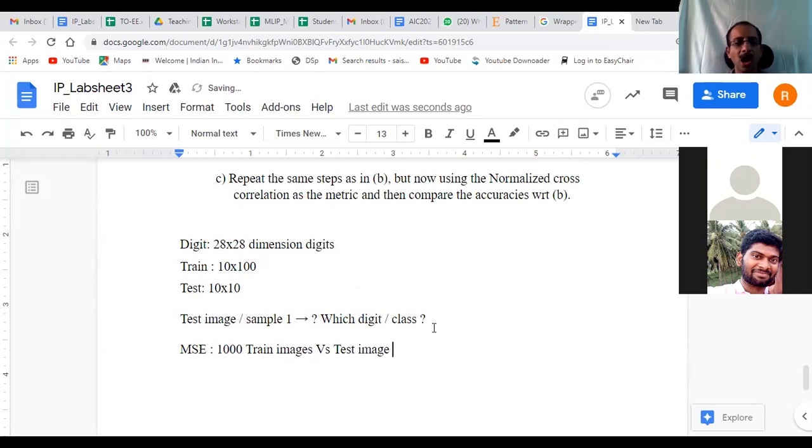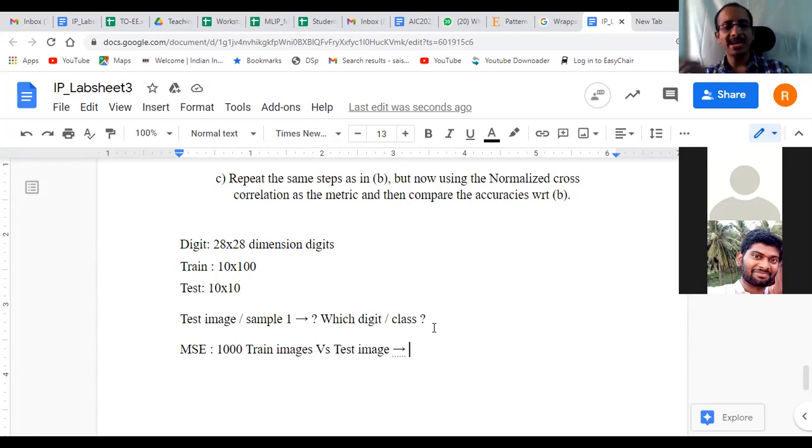And then what do I do? After finding this mean square error, assume that I have found it somehow, then what do I do next? This gives me what? And then what is next after finding mean square error? Whatever the minimum error will come, that we have to match with.